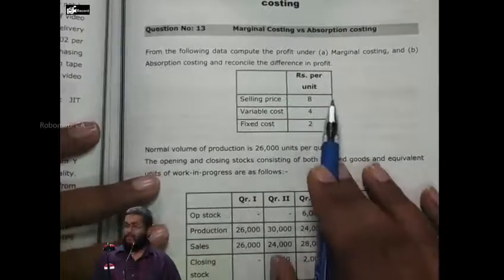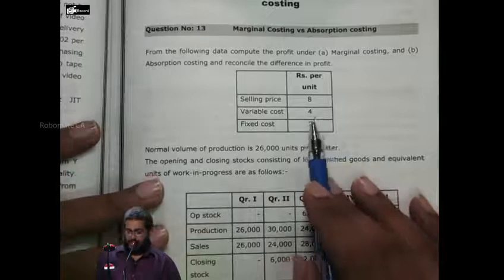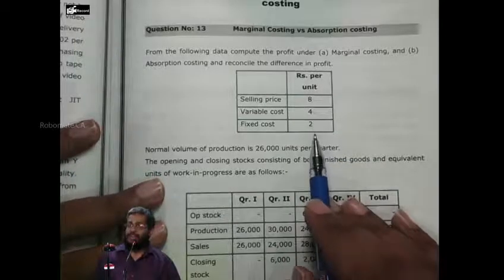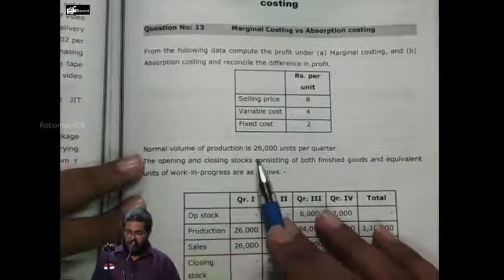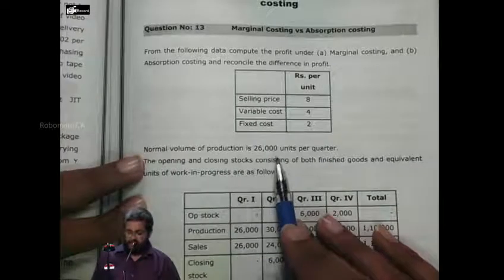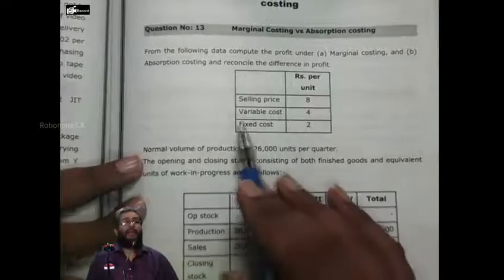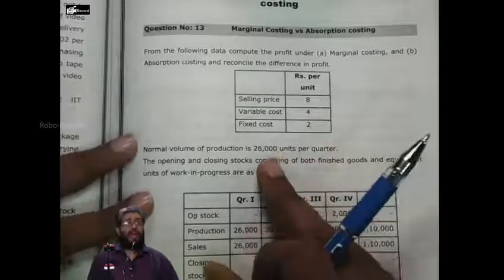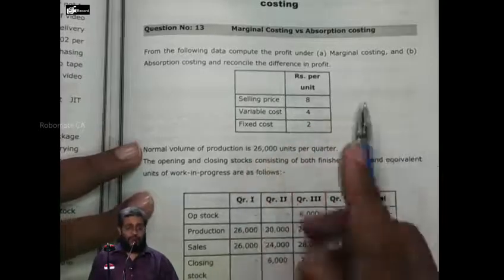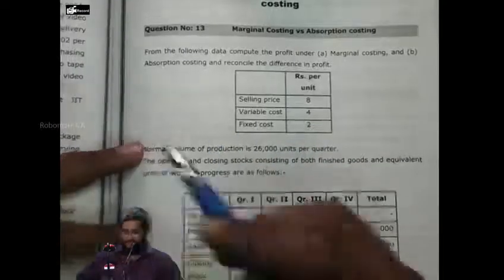Selling price 8 per unit, variable cost 4 per unit, fixed cost 2 per unit. Normal volume of production is 26,000 units per quarter. Tell me, what is this 26,000 units? Normal capacity. This would have been used to unitize the 2 rupees fixed cost.